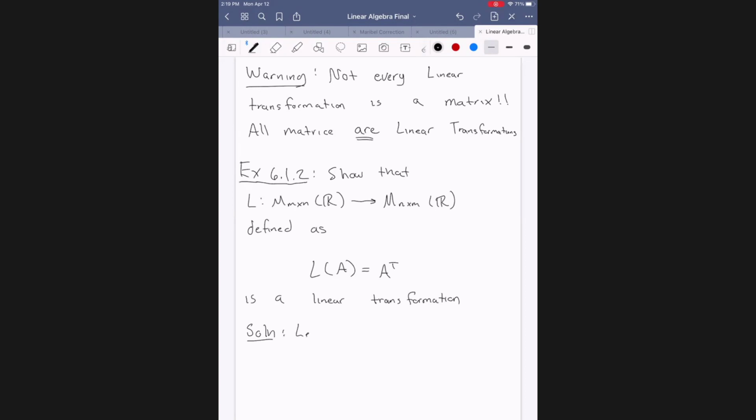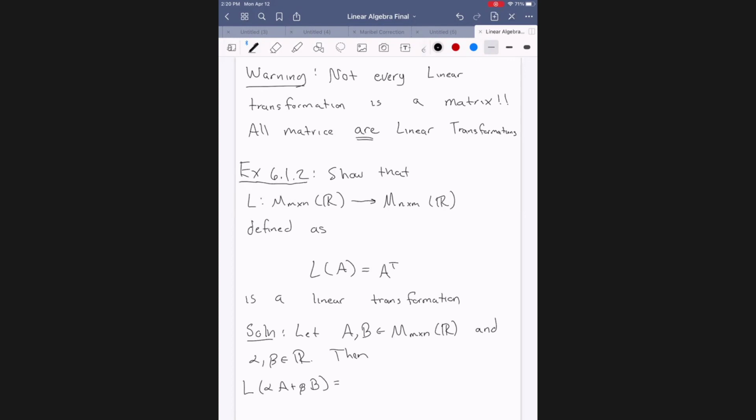Well, let A and B be n by n matrices with real values, and alpha and beta be real numbers. Then L of alpha times A plus beta times B is going to equal, well, what is this going to equal?